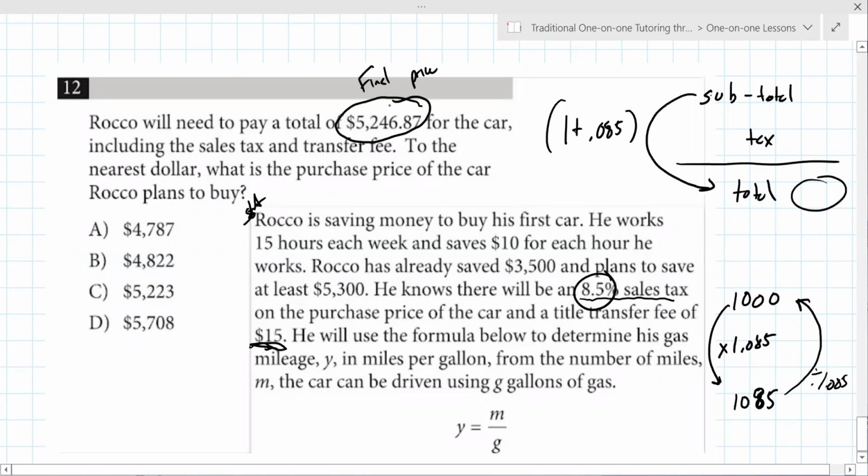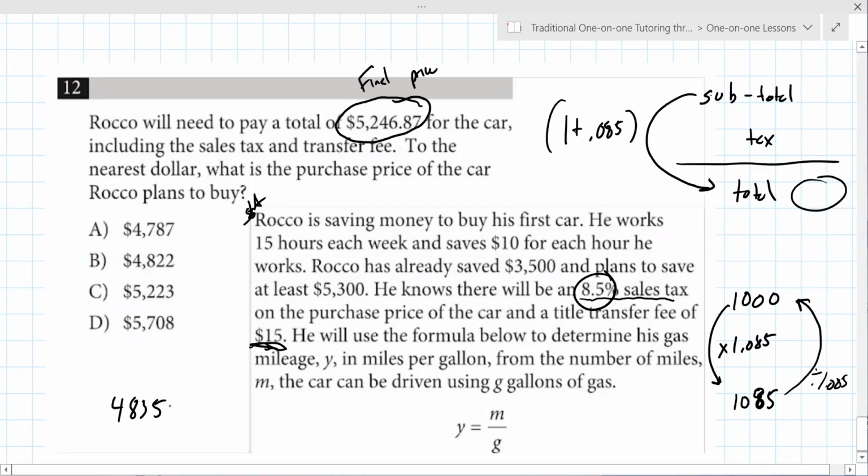You need to take this final price and divide it by 1.085. 5,246.87 divided by 1.085. I got 4,835.82, so roughly there.